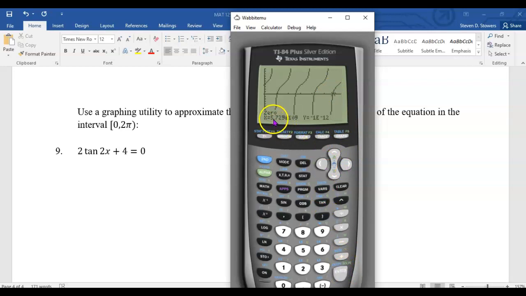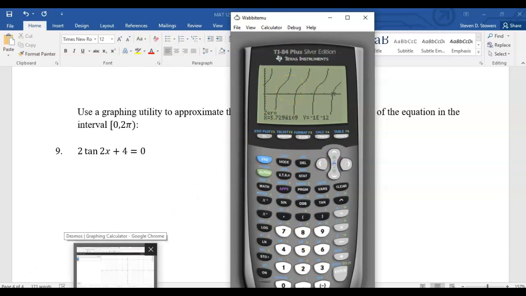So this time the one it came up with was 5.7296, about 5.730. So that's how you would do it using a graphing calculator, like a TI-84.